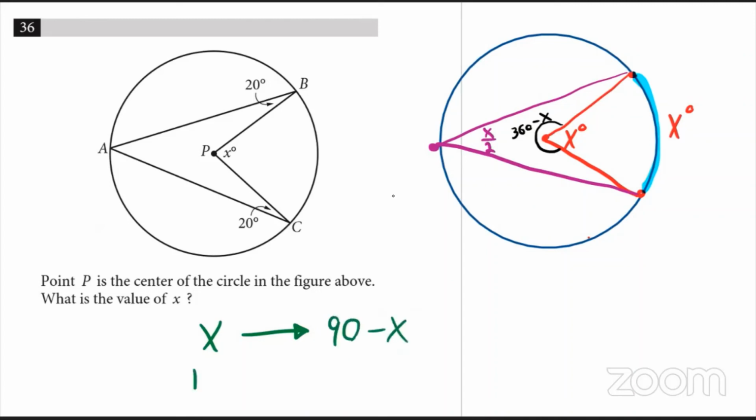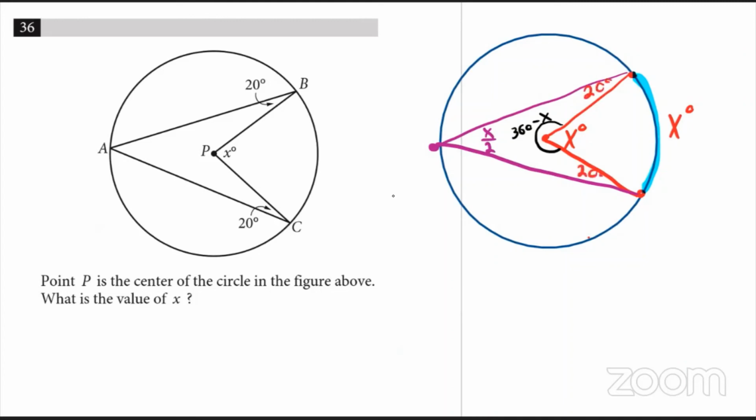And so in this situation, if x was 10, 90 minus x would be 80, and they would actually add up to 90. So this is a way to express the idea that two things add up to a greater whole. Use subtraction. So we've got 20-degree angles here and here.